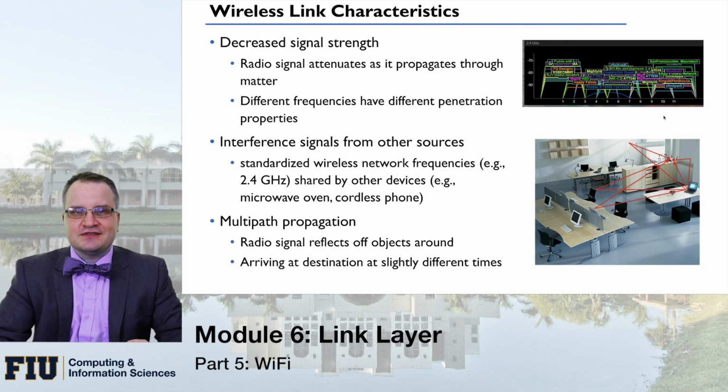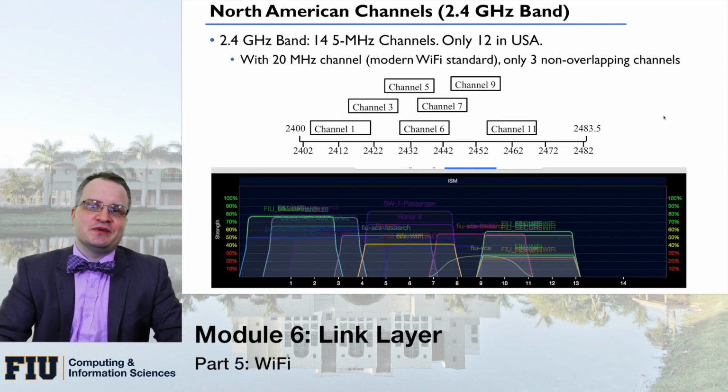There's actually a lot of interesting research happening on how you can leverage all this multipath propagation, but that's outside the topic of this class. What I want you to remember in this class is a little bit about the bands. First of all, in the 2.4 gigahertz band, originally they defined 11 so-called channels. That was defined as part of the original B standard, but then something changed.